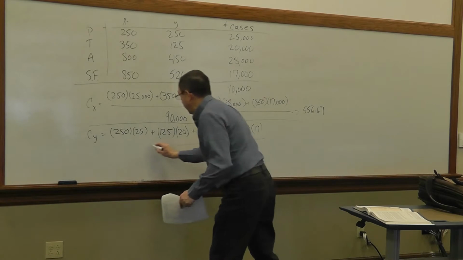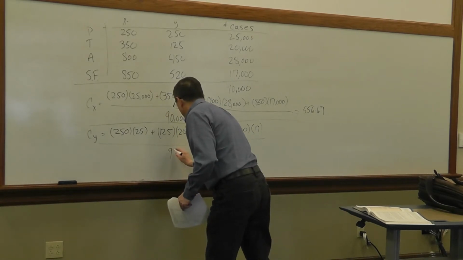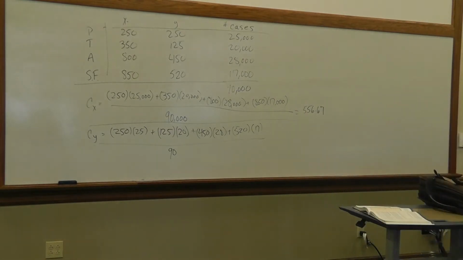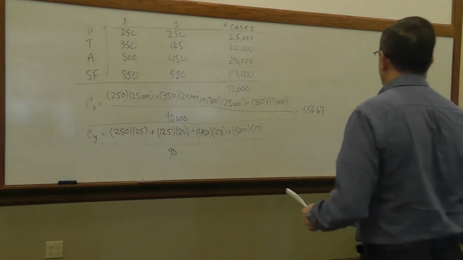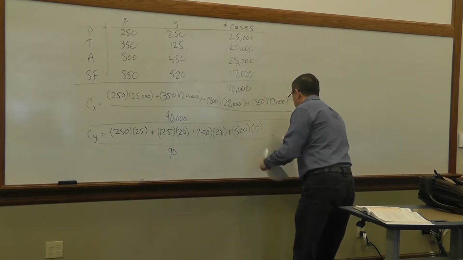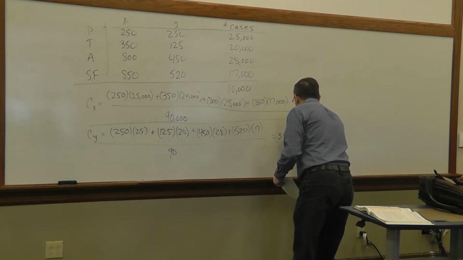All of that divided by 90 since I'm dropping all the zeros off. And that will still work. That will get you 335.44.